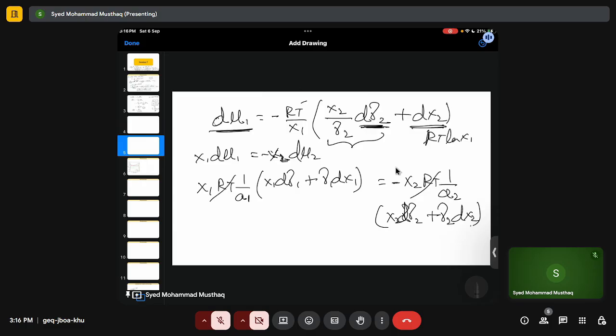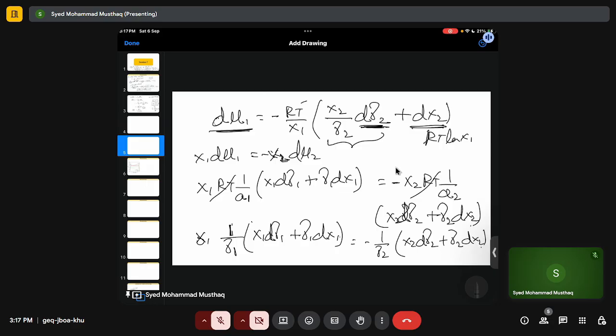RT will get cancelled. Then I have x1 divided by 1 by A, that will be 1 by activity coefficient. And then I have x1 d mu1 activity coefficient dx1 minus 1 by activity coefficient of 2 x2 d activity coefficient, change in activity coefficient plus activity coefficient of 2 dx2.